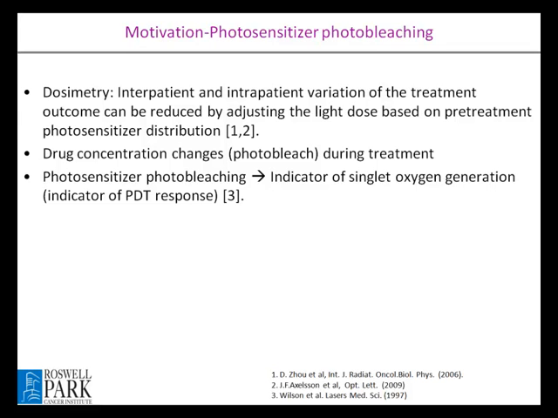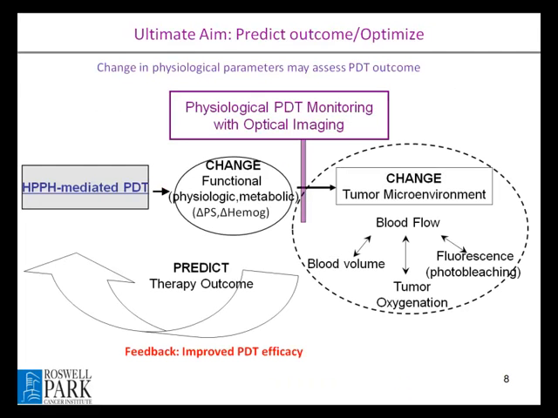Otherwise, it may be too much, so that it consumes too much oxygen, which you don't want during PDT. PDT is very dependent on the oxygenation status. Also, drug concentration continuously changes during PDT. We call it photobleaching, and it is indicative of singlet oxygen generation. So photobleaching is also an indirect indicator of the PDT efficacy.